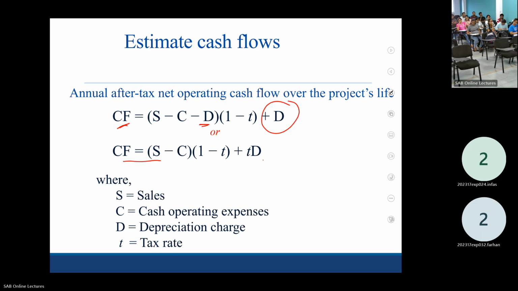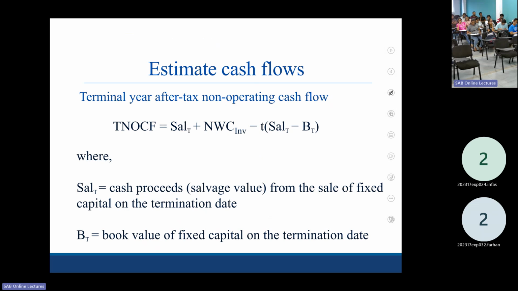Right. Then terminal year cash flow. At the end of the project, you have to work out terminal year cash flow. Again, you can see there is some salvage. That value you have to consider. And if you are releasing the net working capital, you have to adjust it. Initially, at the beginning of the project, there was a net working capital requirement.